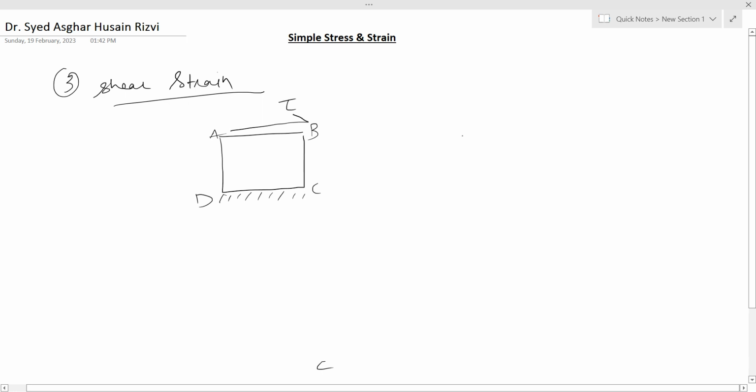So it will change its shape from a rectangle to this. This will be the initial shape, and now it looks like this. A will get converted into A dash, and B will get converted into B dash, and C and D remain same. And the body is deformed through an angle phi.